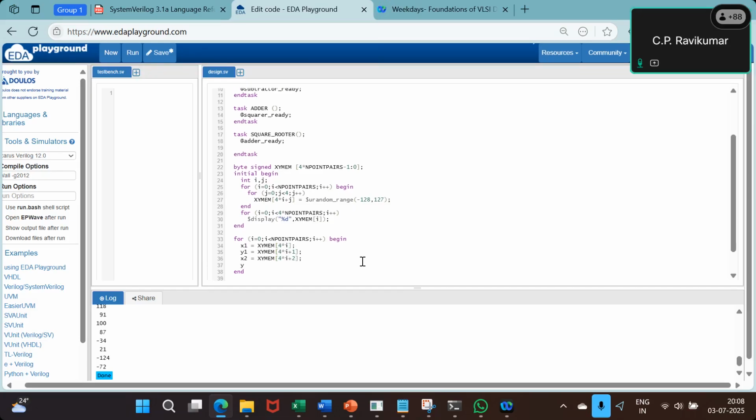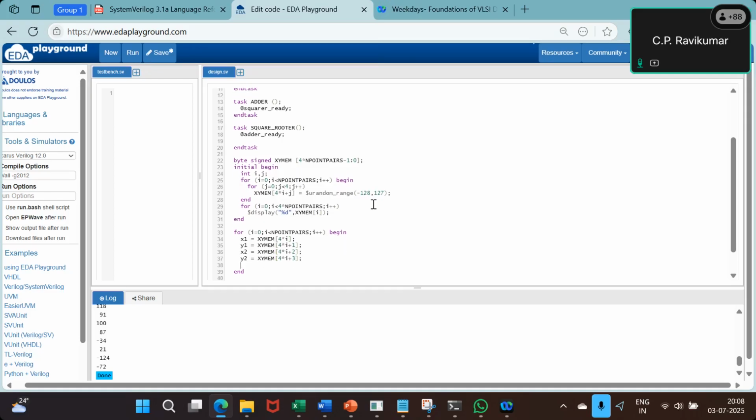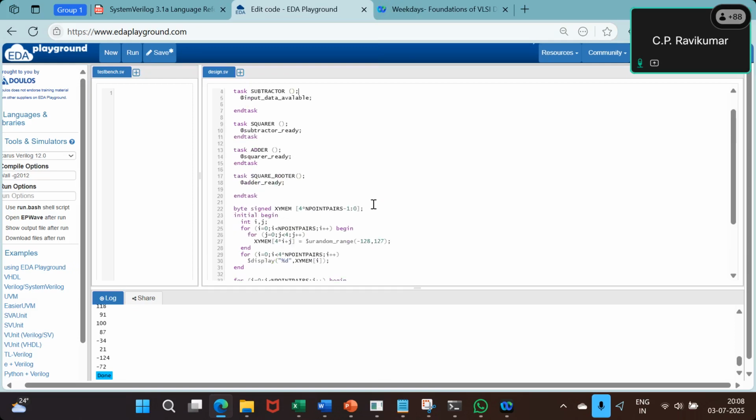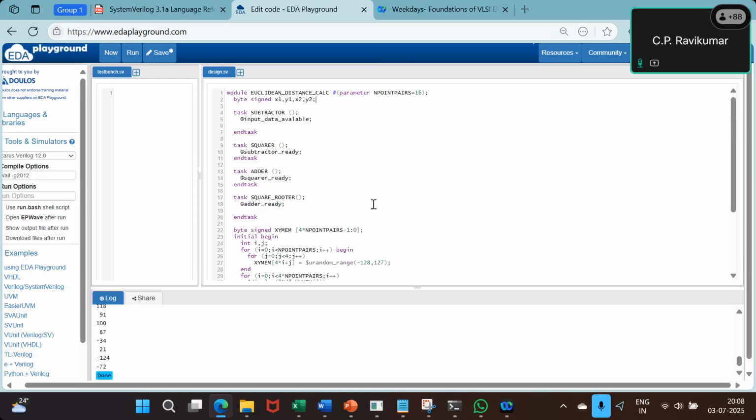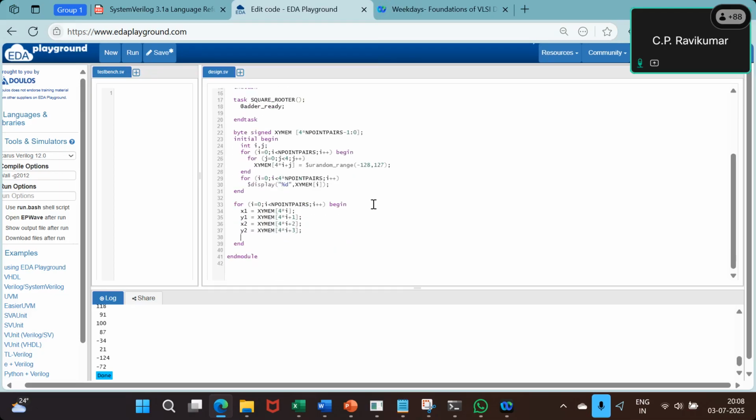And y2 is xy men of 4i plus 3. So it will sort of populate this data x1, y1, x2, y2. And then it will say, input available.